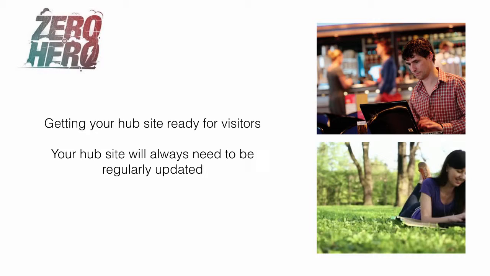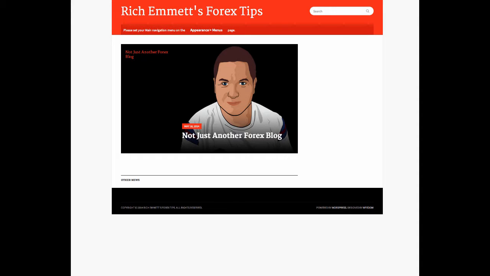At the moment, if you've been following along with the videos, you'll have a WordPress site that has at least 1 post on it. You'll have installed a theme and also installed the plugins that I recommended in the last video, and maybe some other plugins that you found for yourself. This is what my hub site is looking like at the moment to someone visiting the site. Your site might of course look a little bit different depending on what theme you've decided to install.